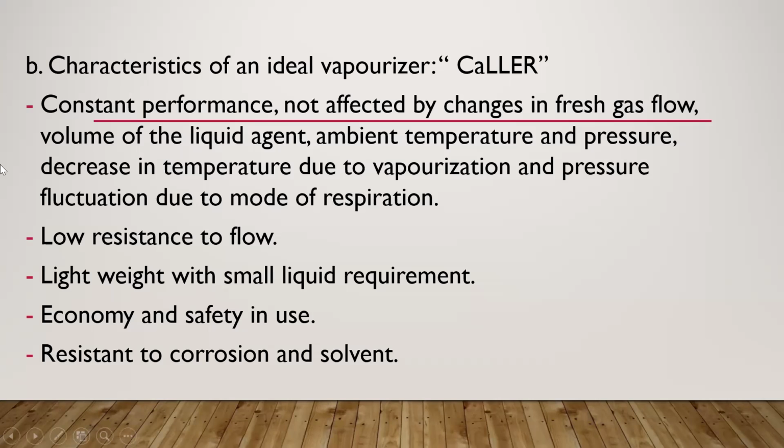Number two, it should have low resistance to flow. Remember that the fresh gas flow passes over the liquid anesthetic agent in the vaporizing chamber, which allows it to vaporize the liquid. It should be lightweight with small liquid requirement. It should be economical, safe to use, and resistant to corrosion and solvent. These are the characteristics of an ideal vaporizer.